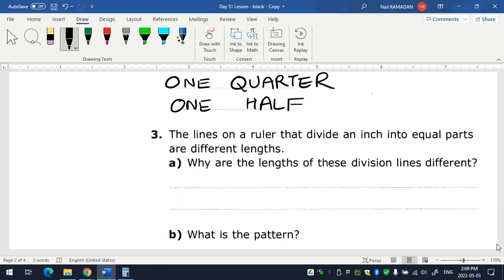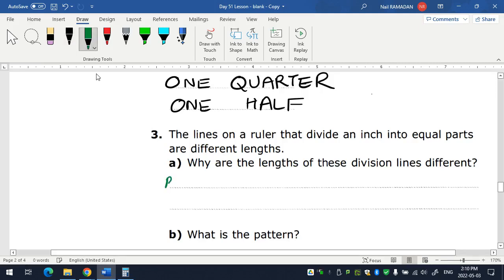Okay. The lines on a ruler that divide an inch into equal parts are different what? Again, why did we say that? Because some people divide into how many? 16. And some people divide into just what? 8.